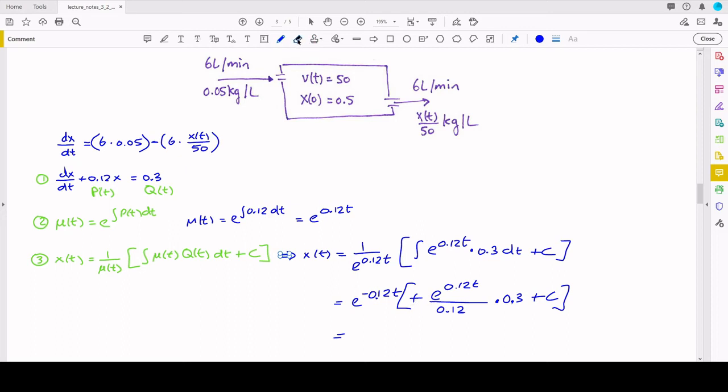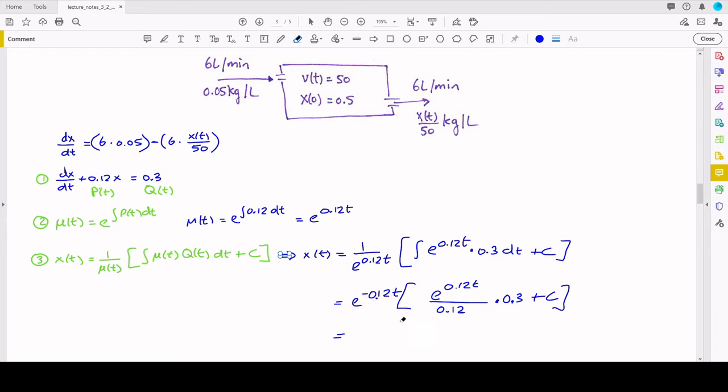When you multiply this out, these two cancel each other out, because when you multiply these e to the powers, you add the powers, so that's e to the power 0, which is 1.